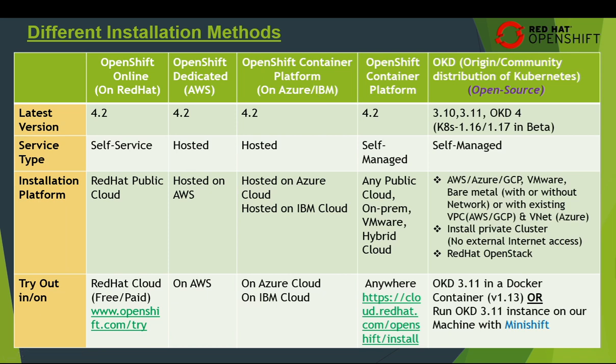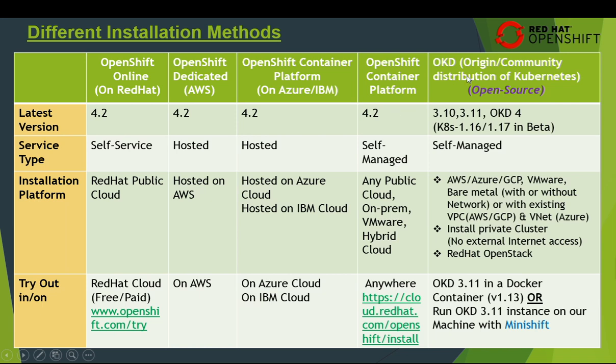Those are public cloud, right? Then we have OpenShift Container Platform, which we can install on any public cloud, on any on-prem data center, on VMware or hybrid cloud, that will be installed by us only, and also that is self-managed, right?